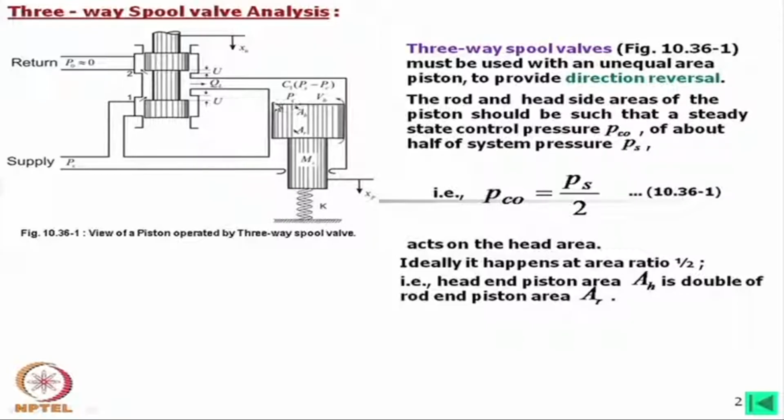The head area means the full area. So, full area should be double of that annular area. That can be done, there is no difficulty to do such things, but you should not confuse here that this does not mean the diameter of the rod is half of the piston diameter. It is not, the area is half, you have to keep in mind.